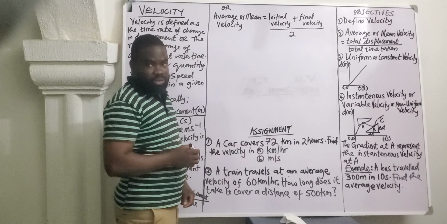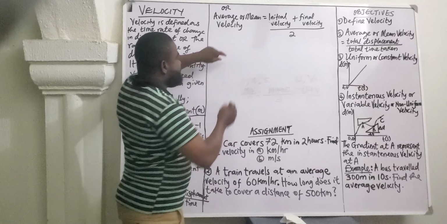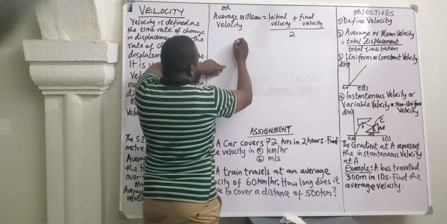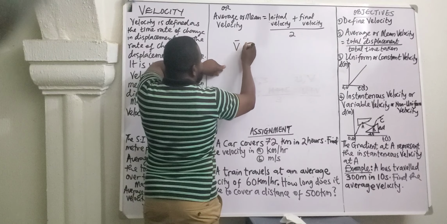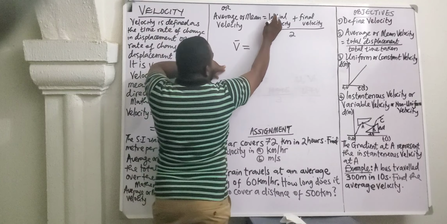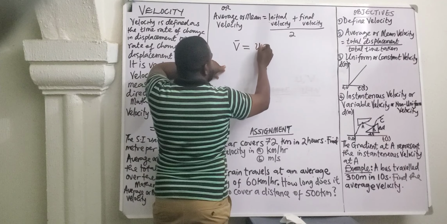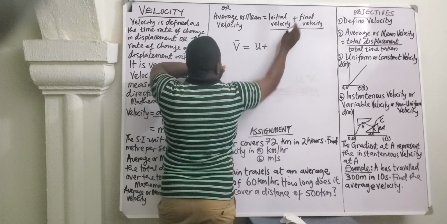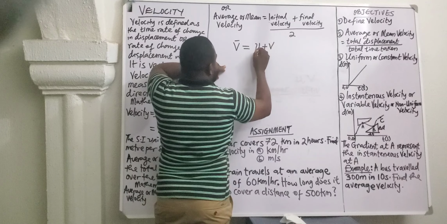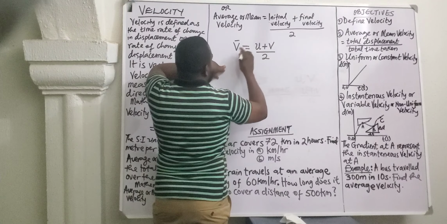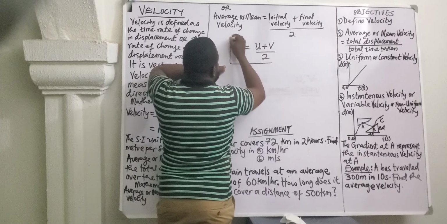So I will say v bar is equal to u plus v divided by 2. You have to take note of this formula.